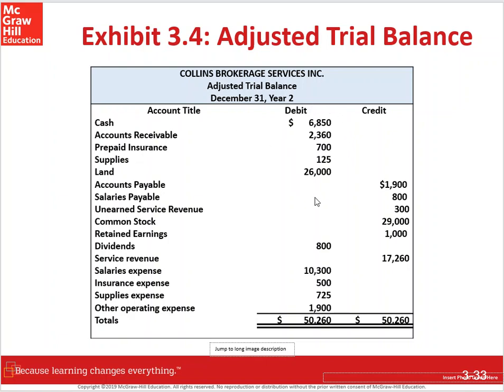We write down the ending balance in each and every asset account, the ending balance in each liability account. Retained earnings should have nothing but the beginning balance because nothing's gone into it yet. And then we list the balance in each of our temporary accounts. So dividends carry a debit, revenue has a credit, and then each of our expenses has a debit. So we've really just listed the ending balance from each and every T account.